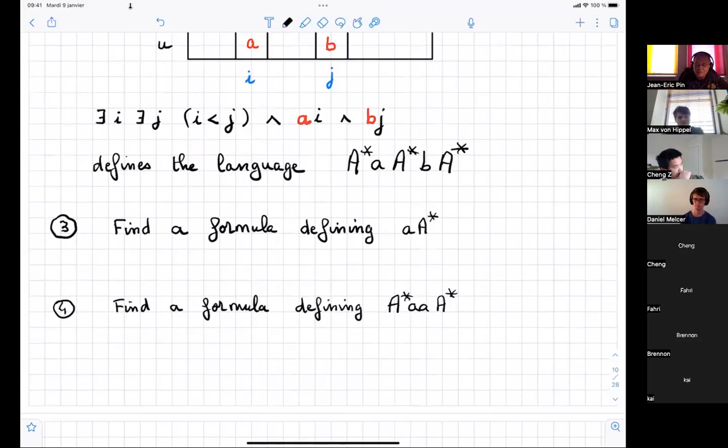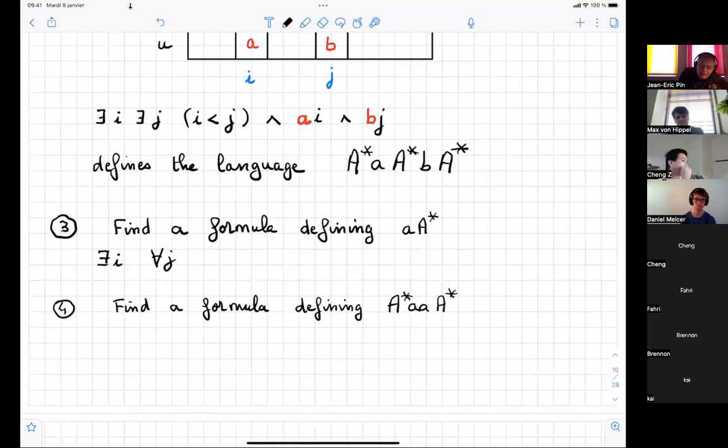the trick instead is to say there exists a position i, which will be the first position. So how can I say this? I can say that it's smaller than everything? Exactly.